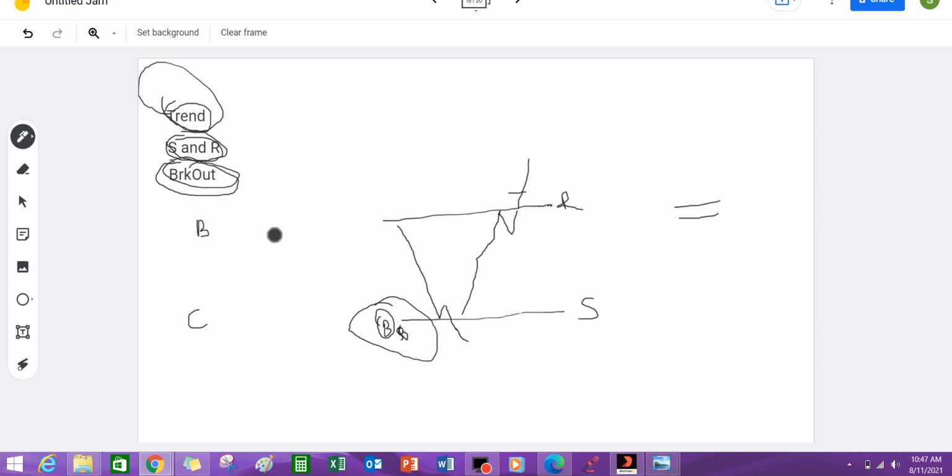Once you know the trend, and you understand the way each of the assets works, then you will be able to avoid the market whenever it is spiking, okay.